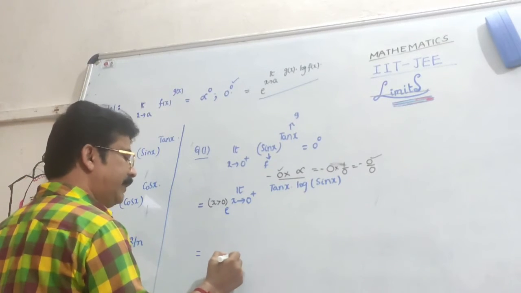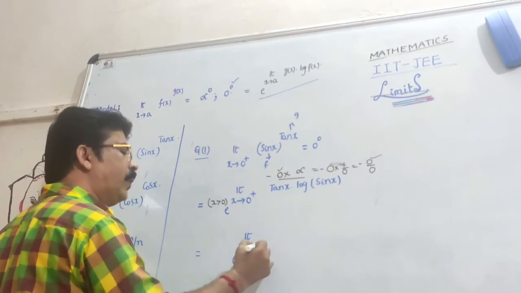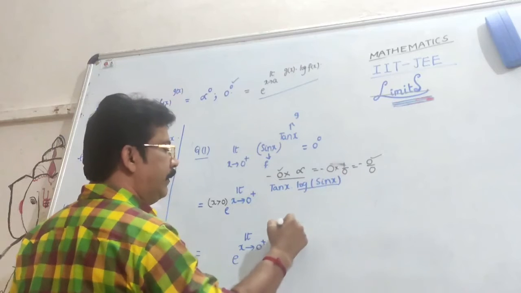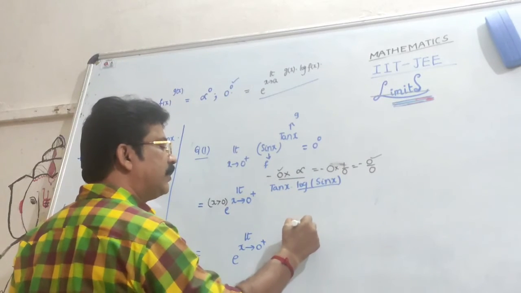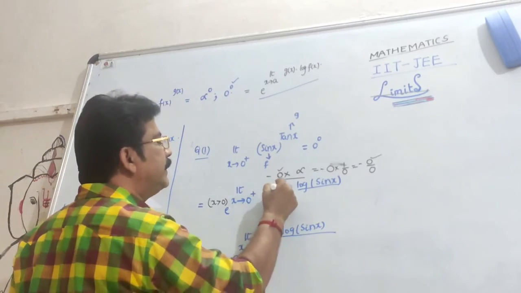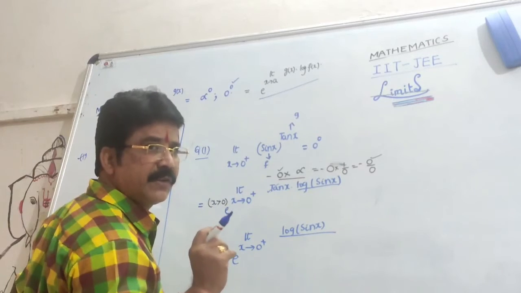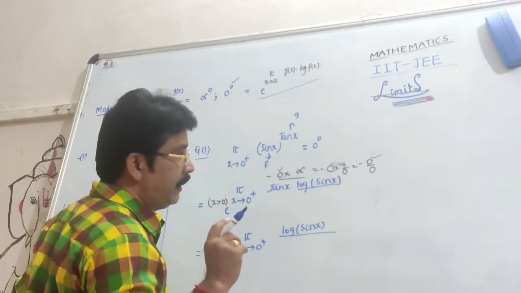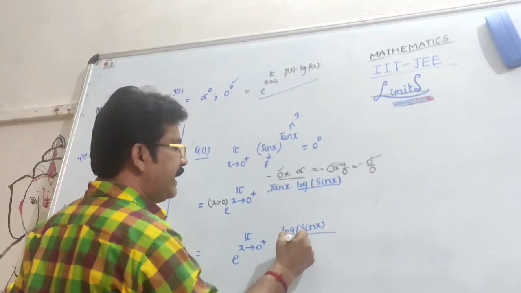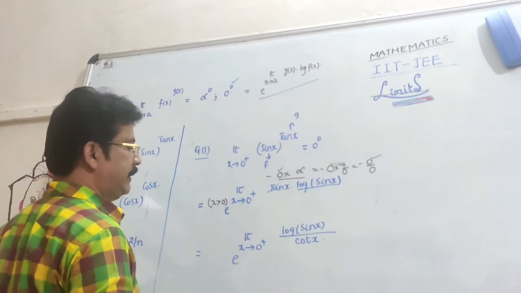So therefore, e power limit x tends to 0 plus, direction. So log, we cannot change this. That's why write the same, log of sin x whole divided by this tan. Almost all we are changing the trigonometric functions only. Remember, trigonometric ratios are functions only. So tan x can be written as 1 by cot x, like that.